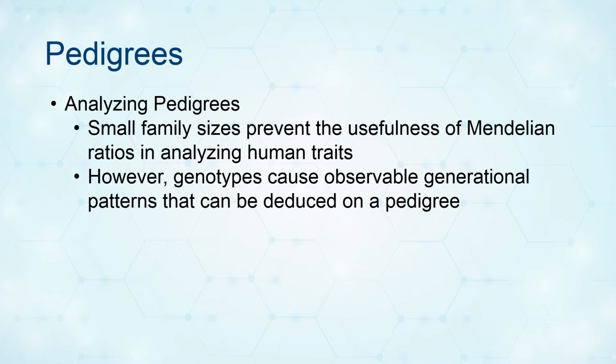So when we're thinking about analyzing pedigrees, one of the things that is challenging is that oftentimes the probabilities that we expect to see are not observed because the number of members of the family are relatively small. So for example, if you think about the probability of flipping a coin and getting heads, that probability, assuming that the coin is a fair coin, is 50%.